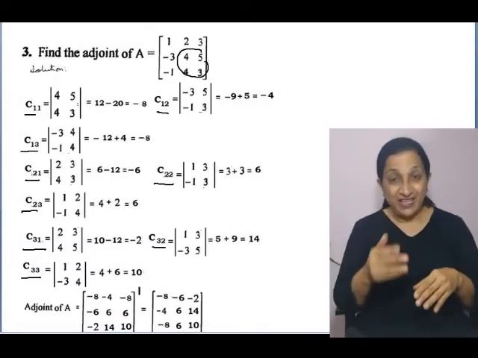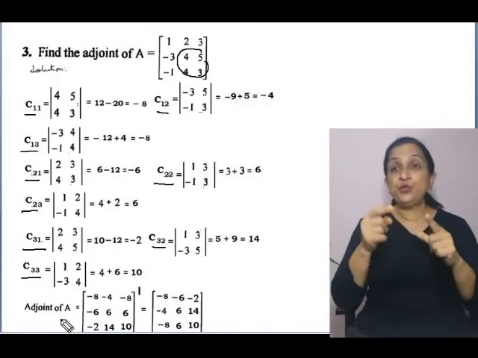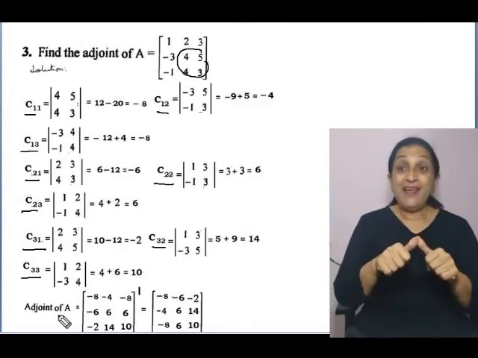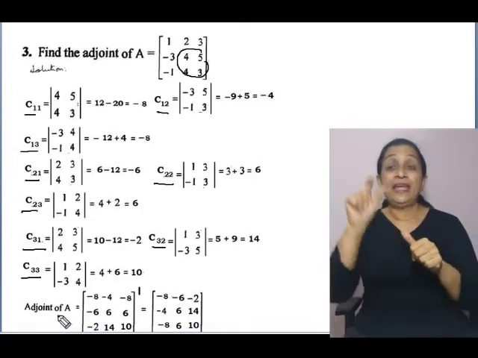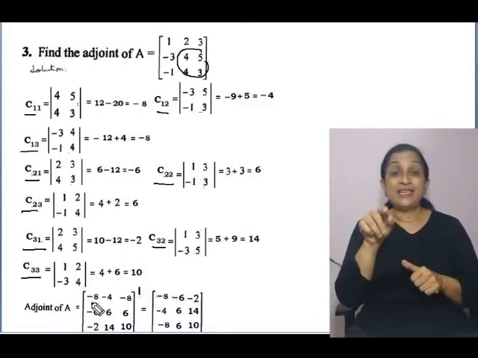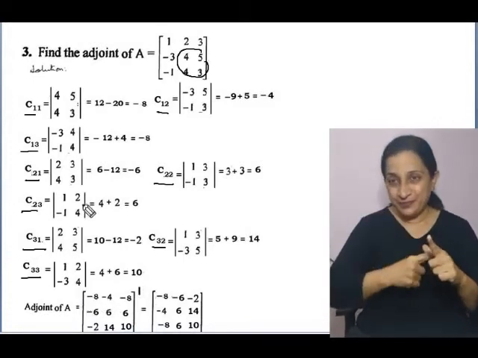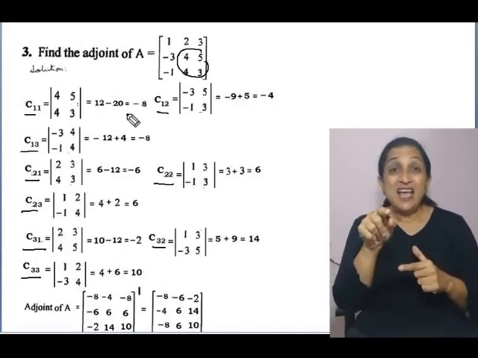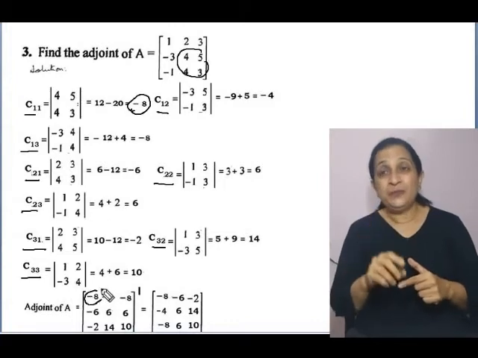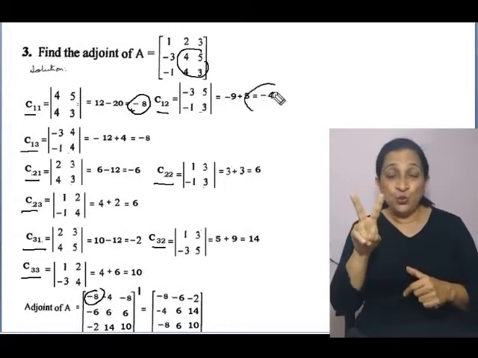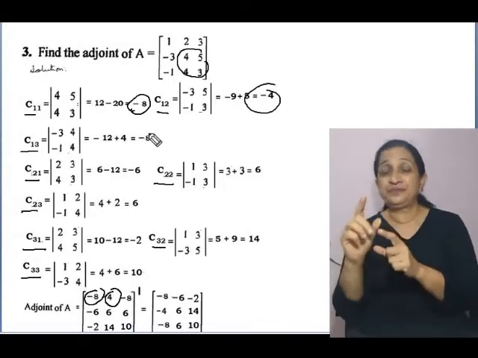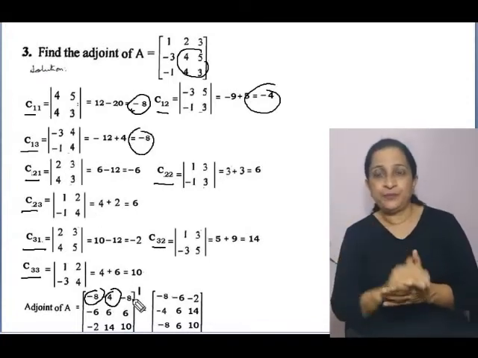Once you have determined, simply put, and what is adjoint of A? For adjoint, you have to put a dash on the top, like this, and here simply reproduce these values, that is C11 value you put here, okay, C12 value you put here next in the row, C13 value you put in this row.